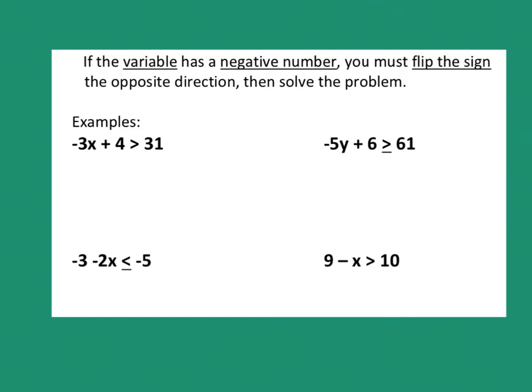Now let's look at the opposite situation. Now we're going to look at what happens if the variable has a negative number. If this happens, you will flip the inequality sign. It's going to go the opposite direction. So here are those examples.